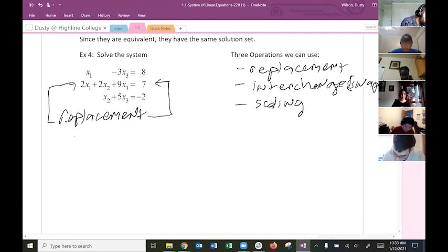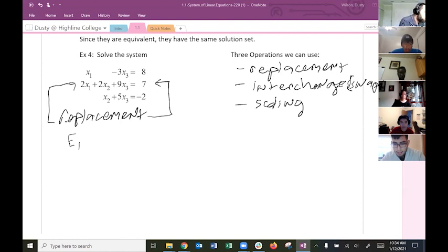So here's what I'm going to do. I'm going to take my first equation, so E1. This is going to represent the first equation. E1 is equation 1.